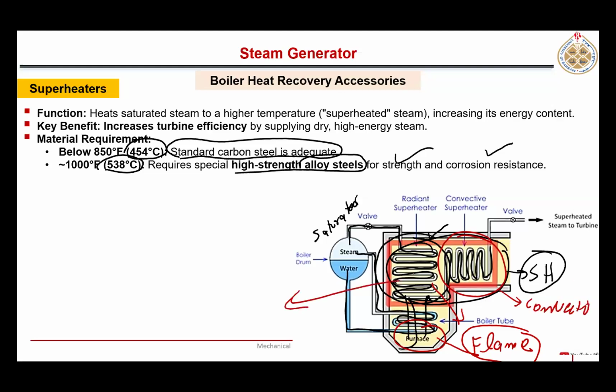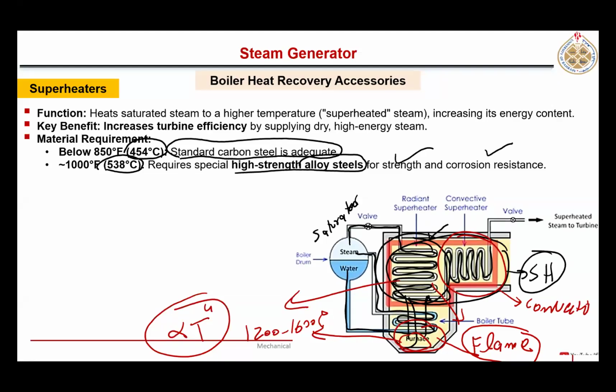Because the temperature in this furnace will be around how much? Maybe it could be 1200 to 1600 degrees Celsius, right? So at such high temperature, thermal radiation, because as you know, thermal radiation is directly proportional to temperature to the power 4, according to the Stefan-Boltzmann law.